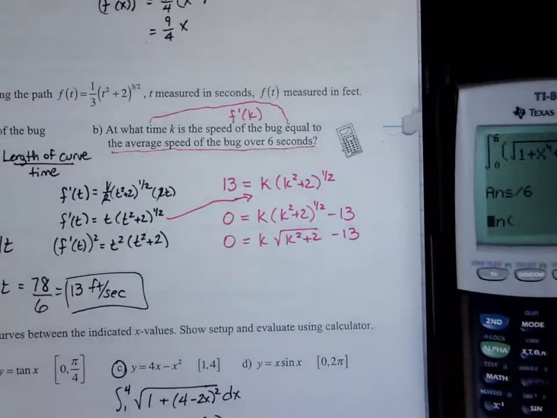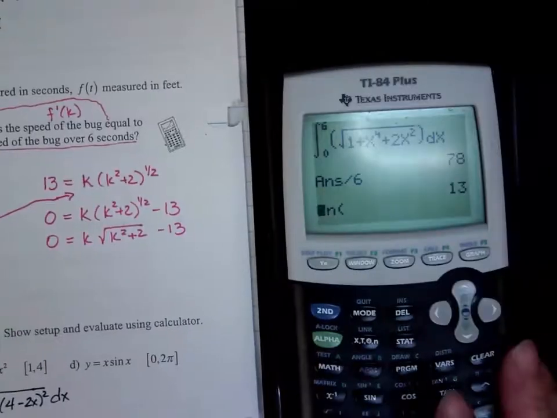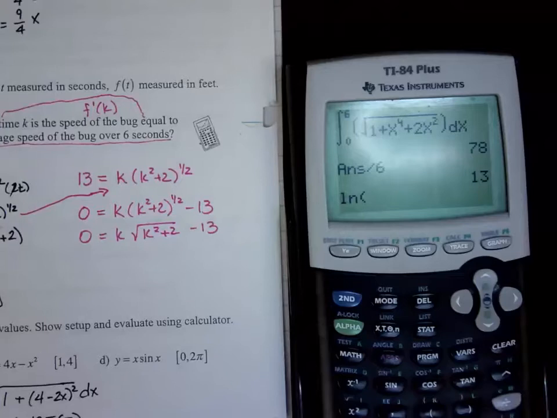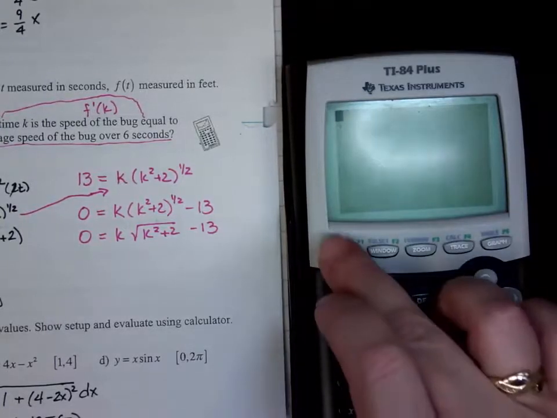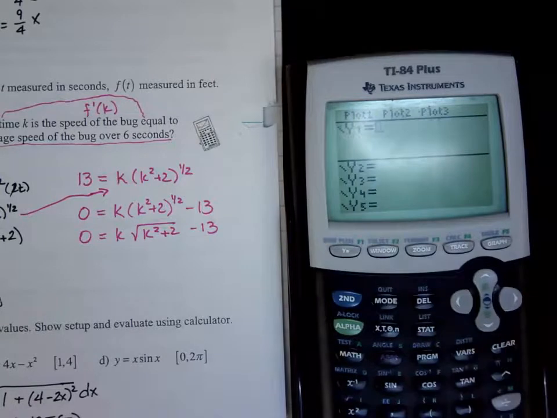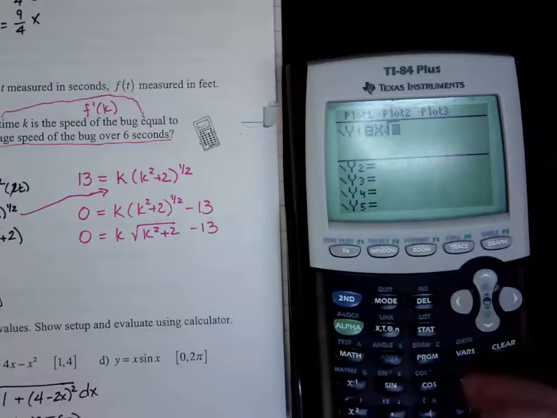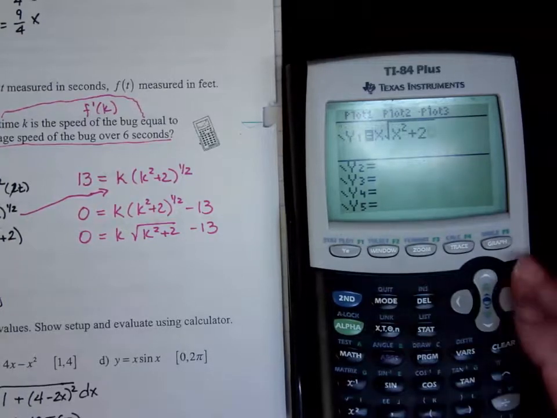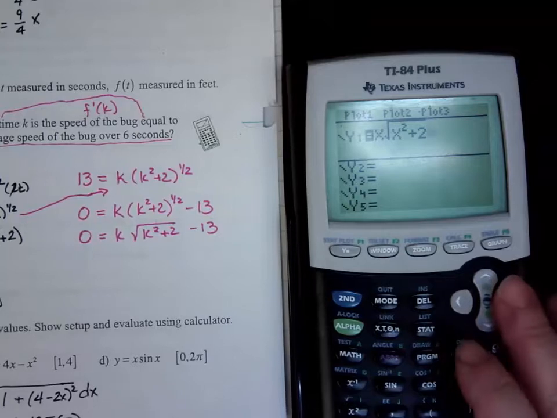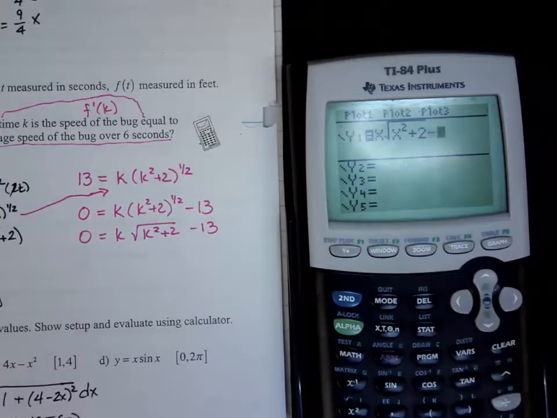Oops, I still don't have enough room. Move. There we go. All right, so we're going to clear this out. We're going to go to y equals, and we're going to type in x times the square root of x squared plus 2. Make sure you right arrow to get out of the radical before you press the minus 13.